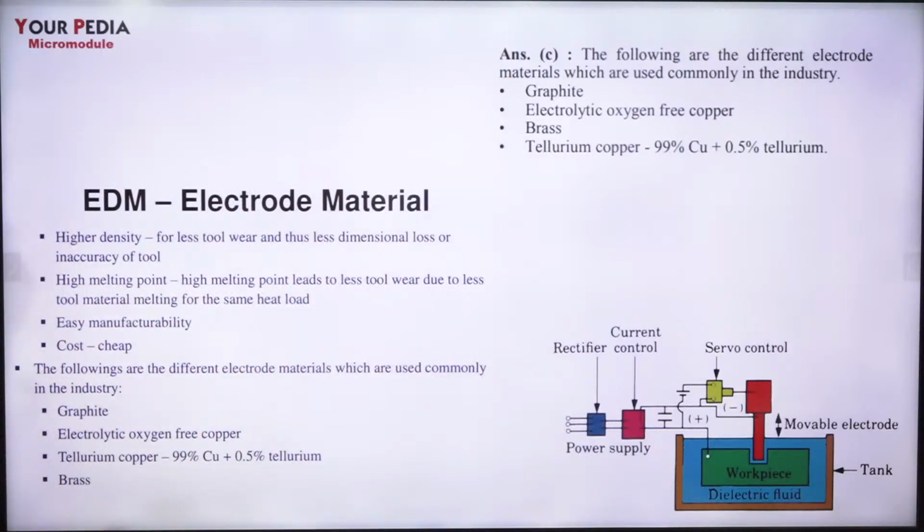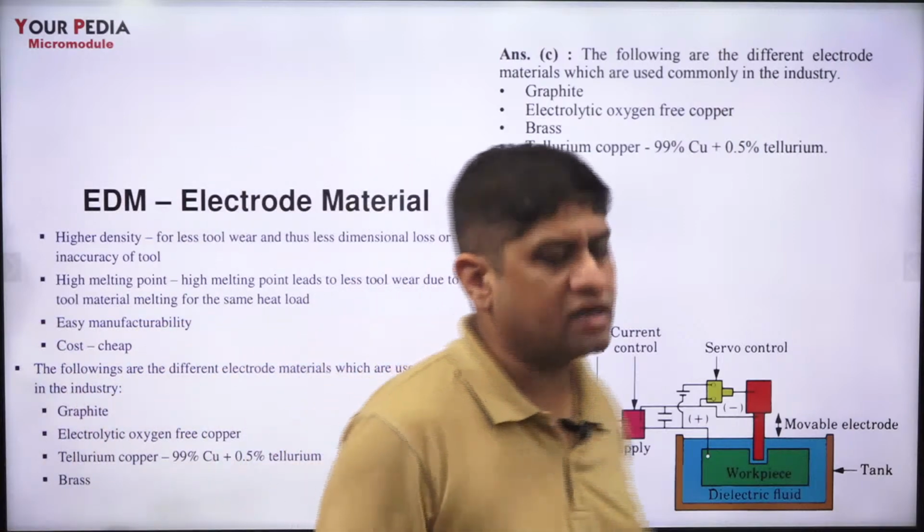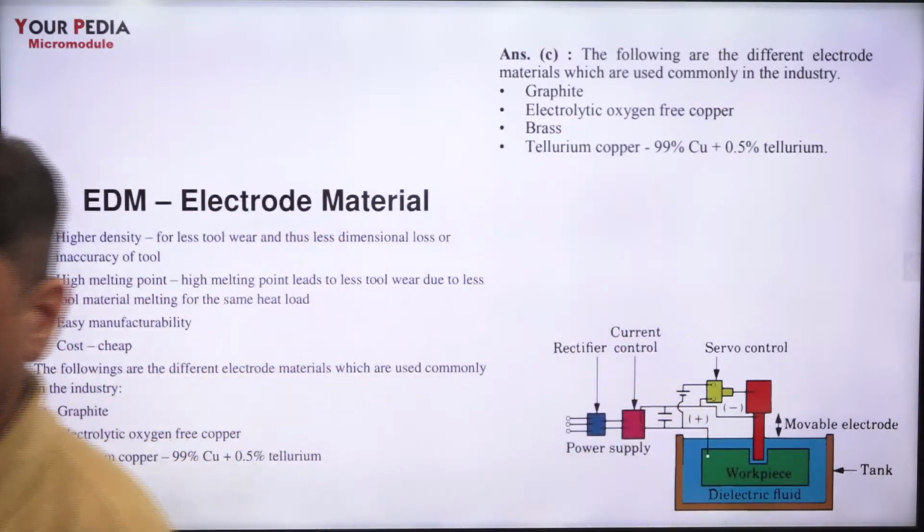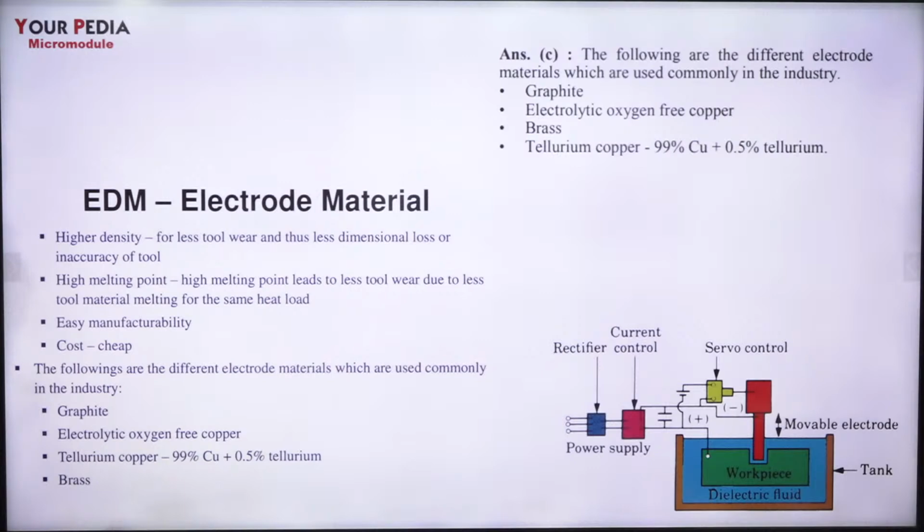So what is required in the tool of electric discharge machining? You need a tool which is a very good conductive material. That is the requirement. Electrode material should have high density for less tool wear and less dimensional loss.